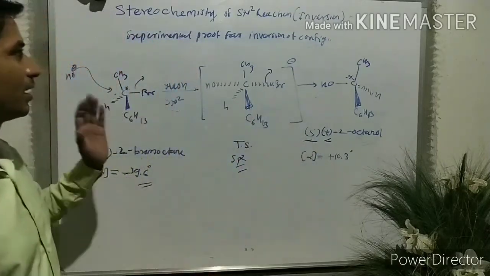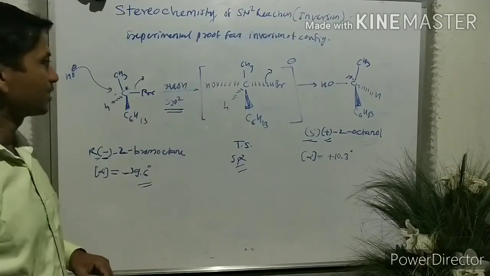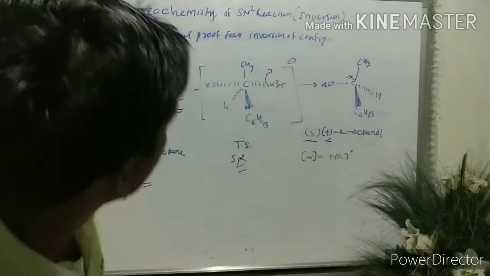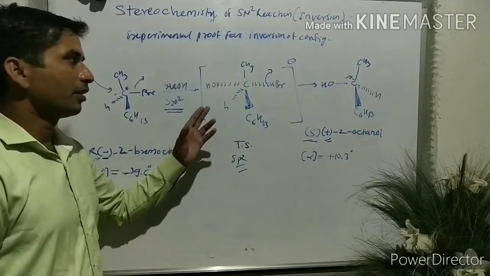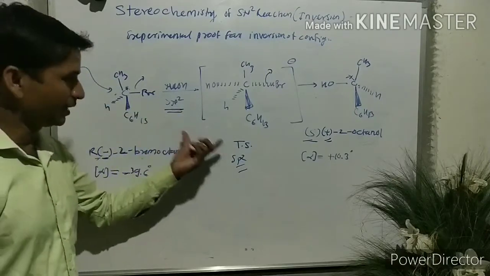So in an SN2 reaction there is a change in configuration. This also proves that there is a backside attack in the case of an SN2 reaction.